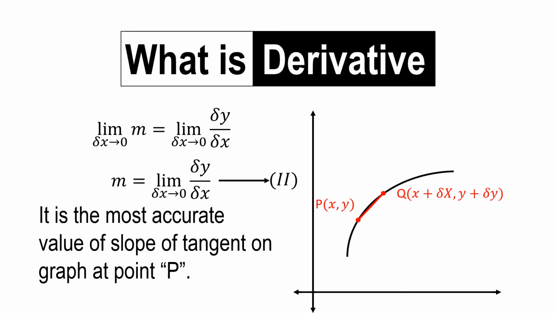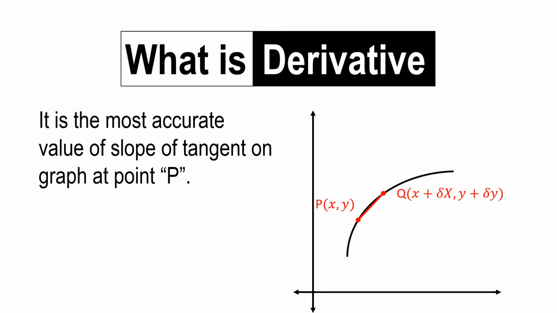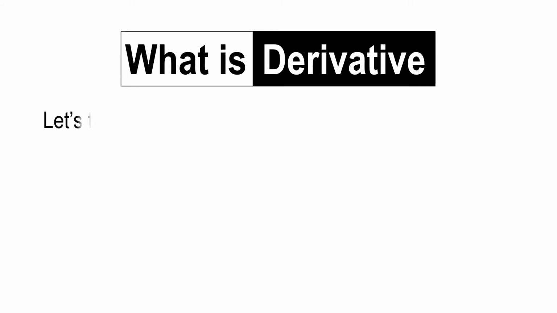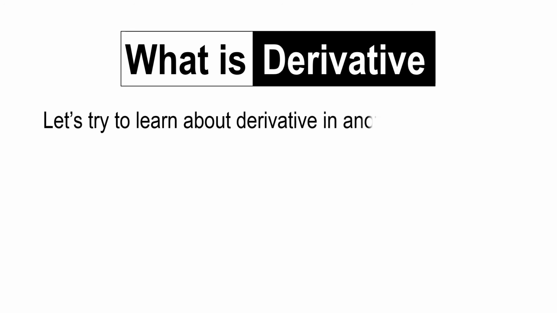Name it as equation number 2. It is the most accurate value of slope of tangent on graph at point P. And this slope is named as the derivative.